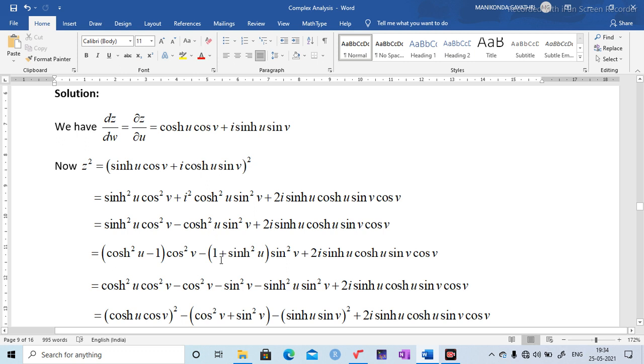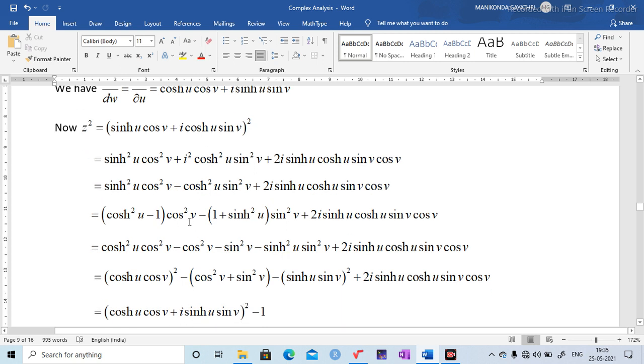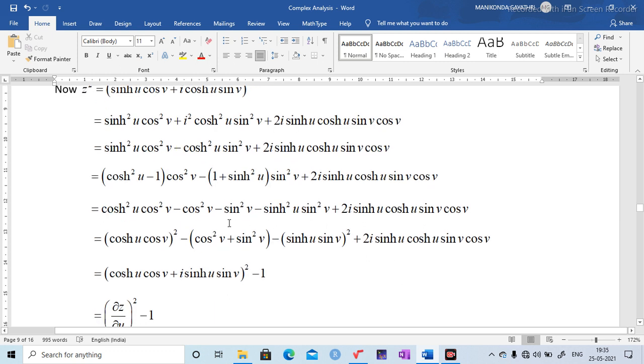Similarly, cos h square u can be written as 1 plus sin h square u. The remaining as it is. Now multiplying, we get this step. Here I am writing this as a whole square, this also a whole square. Here in these two terms I take minus common. This term as it is. Again this term equals 1, that's why minus 1. Observe the remaining terms: a square minus b square plus 2ab.